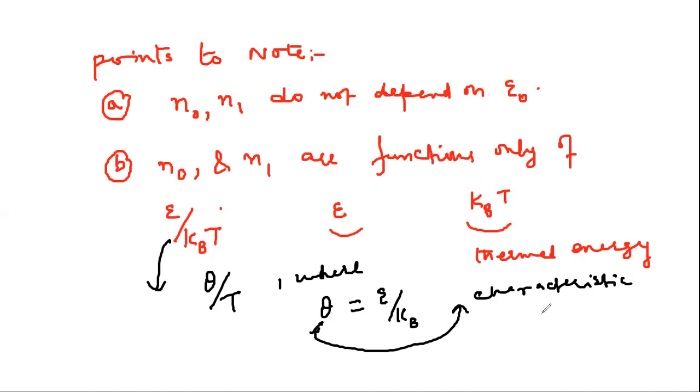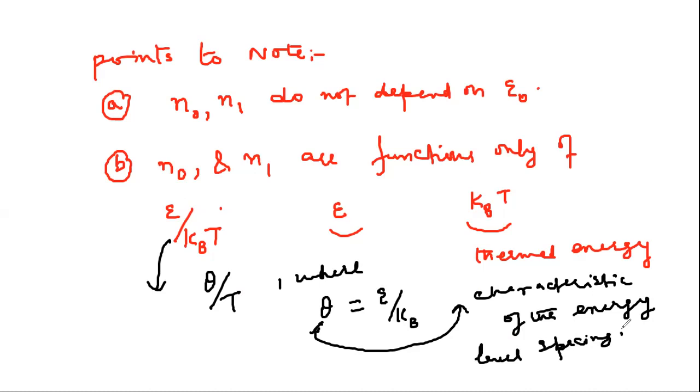This temperature theta is characteristic of the energy level spacing, because it contains epsilon, which is the energy separation between the levels. So you can say N naught and N1 are functions of epsilon by kT.